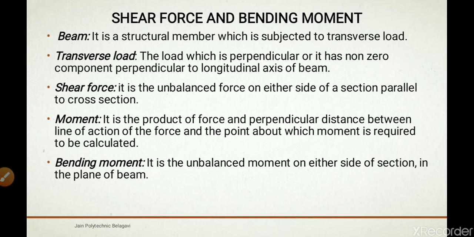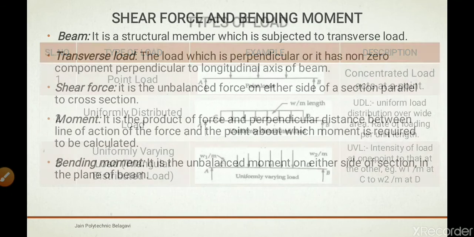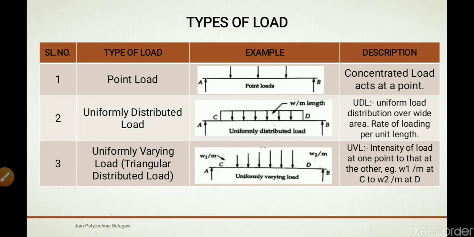Next we will consider in this unit what types of loads act on the beam. There are three types mentioned here. For basic understanding, we will consider these three loads on the beam.